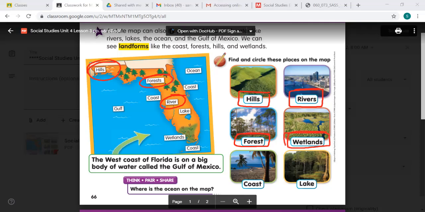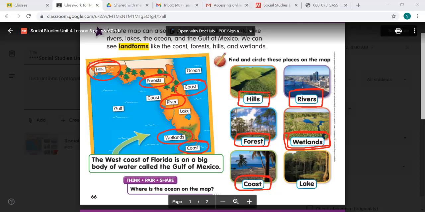There's a lot of water on wetlands. So it's usually green. Did you find it on the map? It's right here. All right, did you find the coast? The coast. There's more than one coast on this map. Did you find both of them? Here's one.